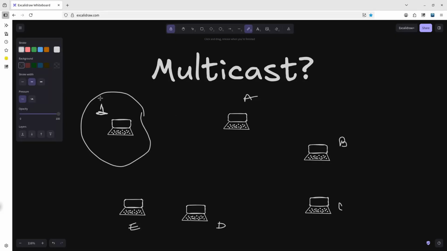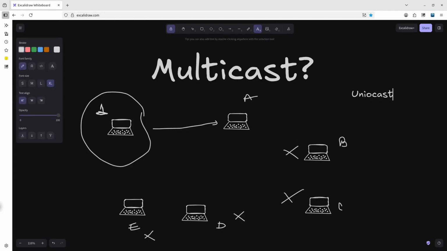Unicast means computer 1 would only want to connect to computer A. It does not want to connect to computer B, computer C, computer D. If it's only connecting to computer A, that is unicast. Okay, so this is what unicast is.